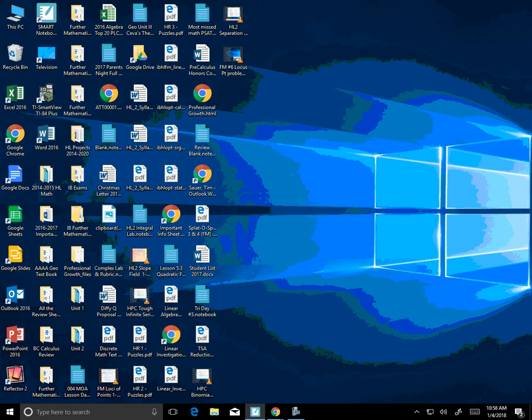Then when I square both sides, I guess this is only going to be one answer, 10 times m squared plus 1 is equal to 25m squared minus 50m plus 25.